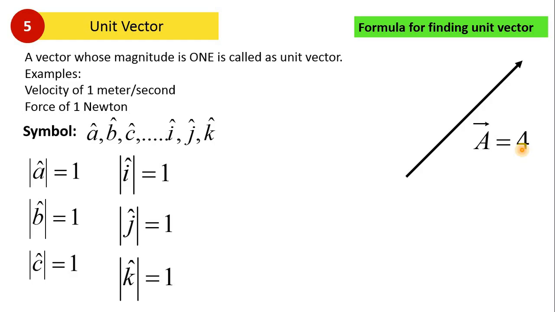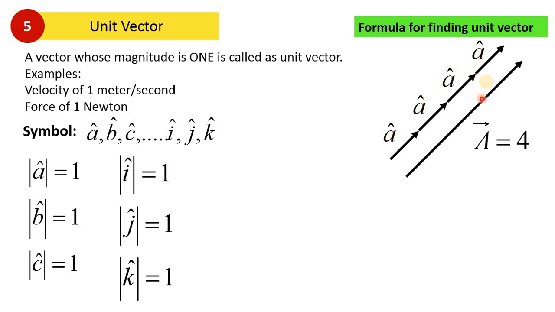Then each piece has length 1 unit, like this. So I have cut this vector A into 4 equal pieces. If the magnitude of the vector A is 4, then the magnitude of each of these small pieces is 1 unit. So can I say each is a unit vector? All 4 of them are unit vectors. So we represent it like this: A cap.